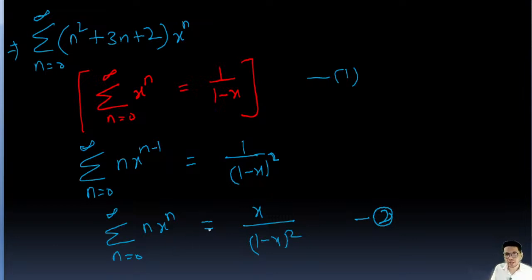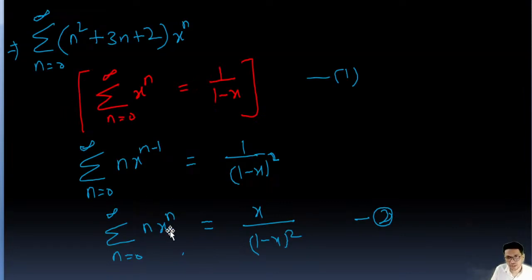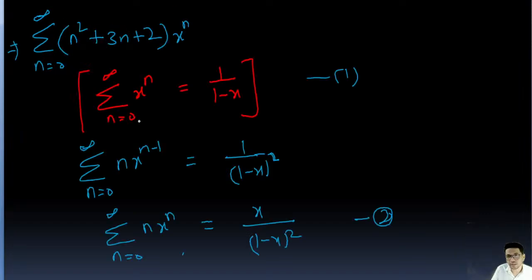Now again, we are going to differentiate this equation 2 with respect to x. If we again differentiate it, then this value is going to be sigma n equal to 0 to infinity n square x to the power n minus 1, and this we will differentiate.